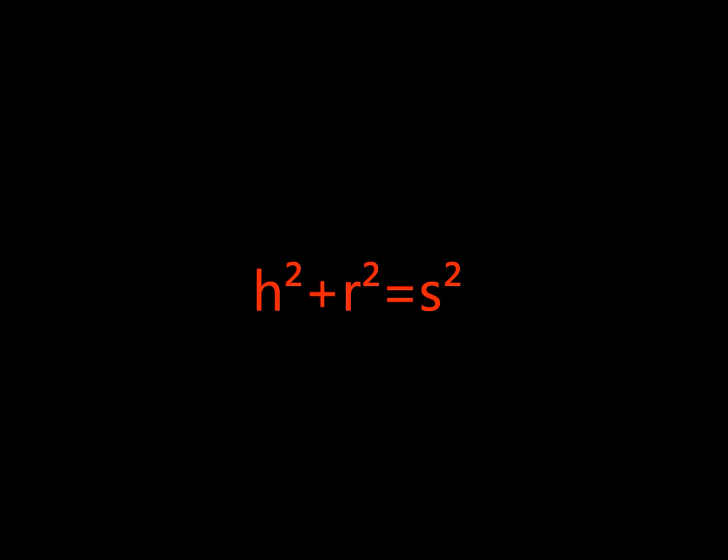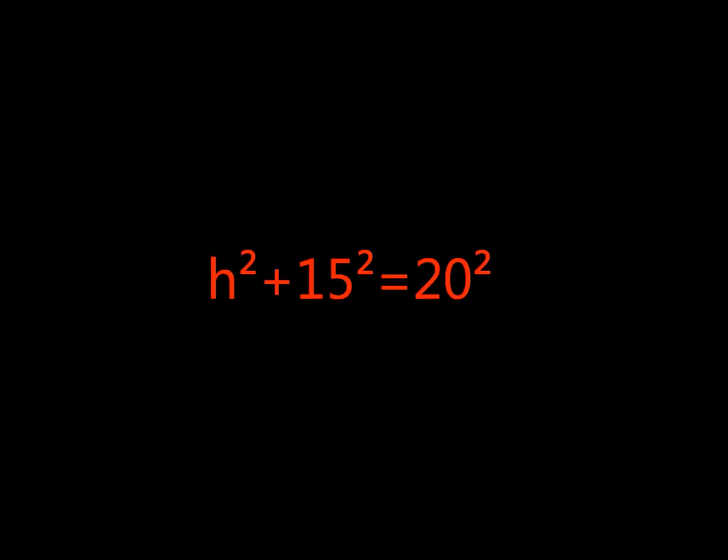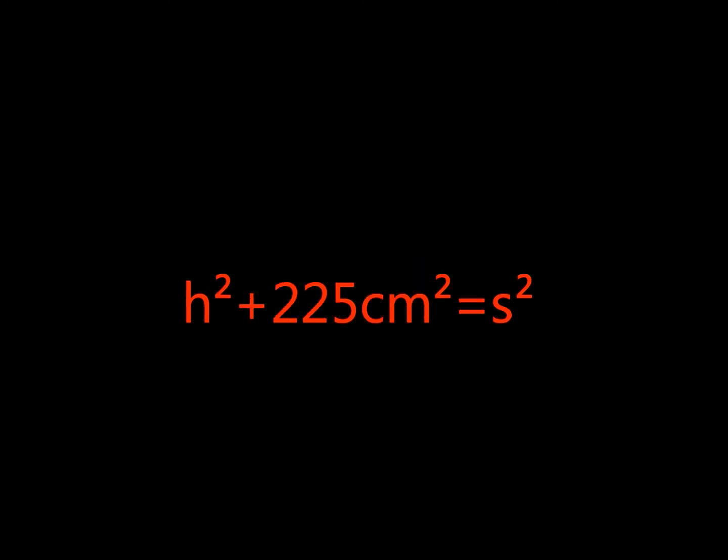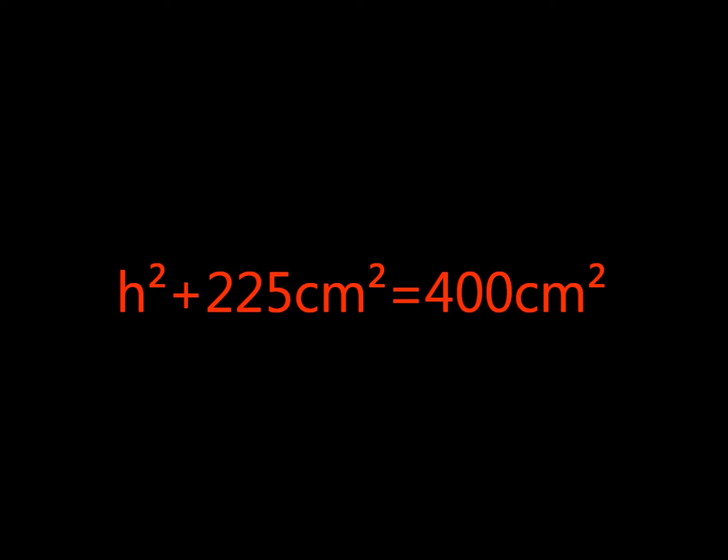So we already know that the length of the radius is 15 centimeters, and the length of the slant height is 20 centimeters. 15 squared is equal to 225 centimeters squared, and 20 squared is equal to 400 centimeters squared.